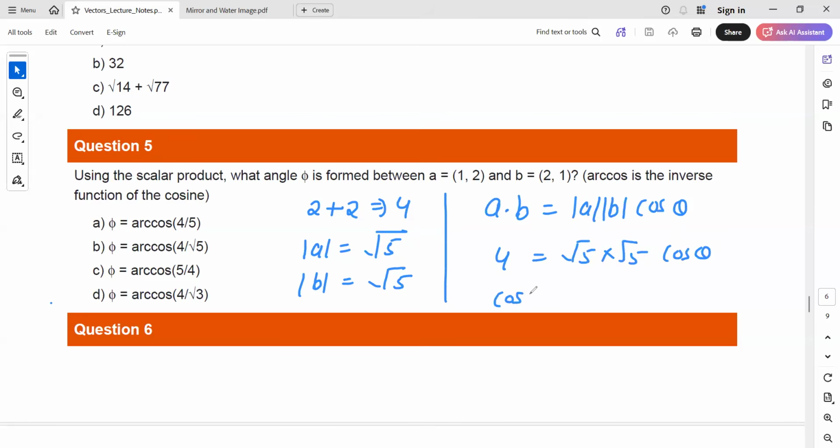So cos theta equals 4 by 5. So we can write theta equals cos inverse 4 by 5, the arc cos of 4 by 5. So option number A will be the right one.